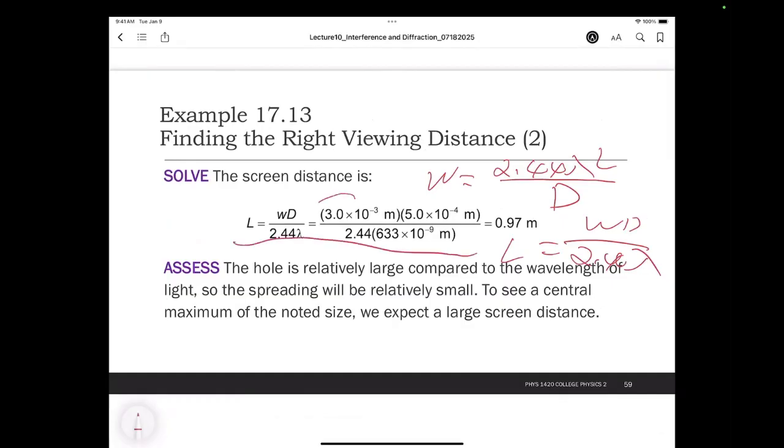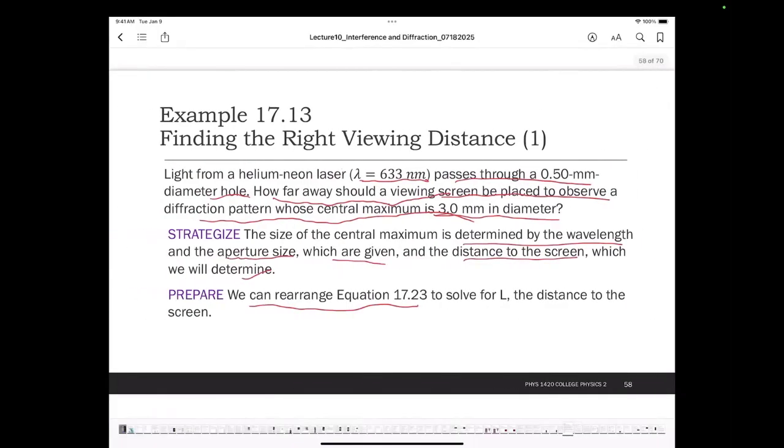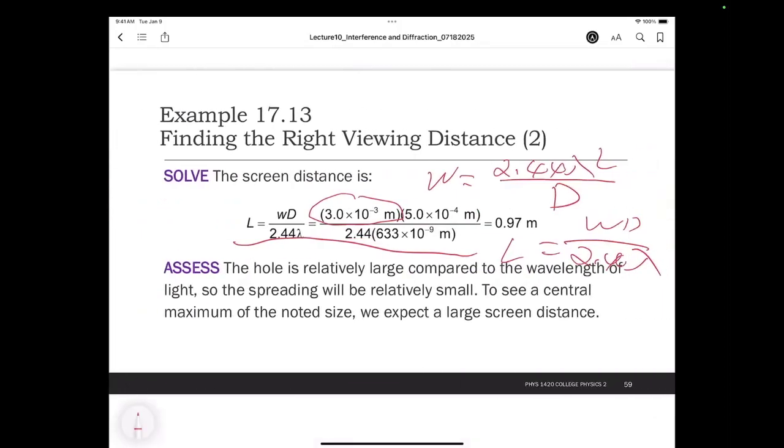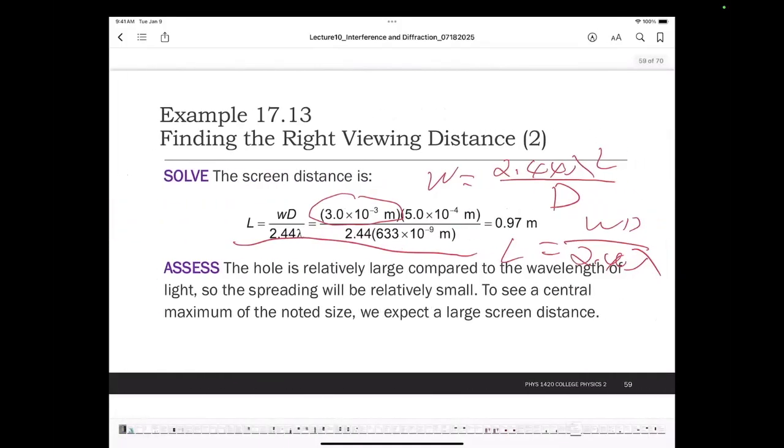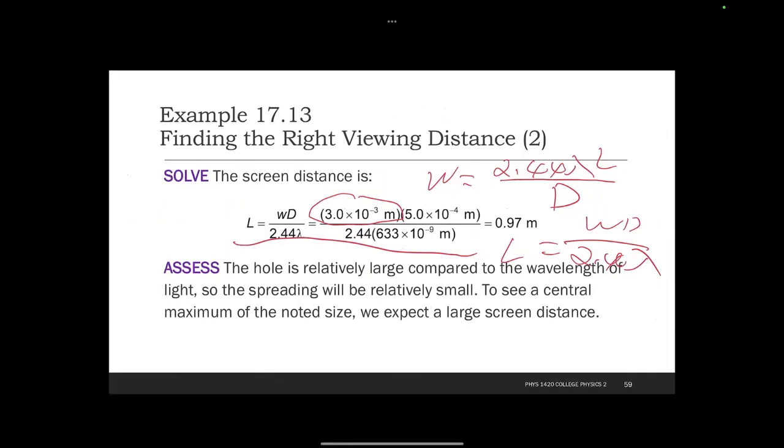Yeah, we know the width, it is just this 3 millimeters, this is the diameter, and also we know the hole diameter, it is 0.5 millimeter. And then we know the lambda. So we can calculate the screen distance.